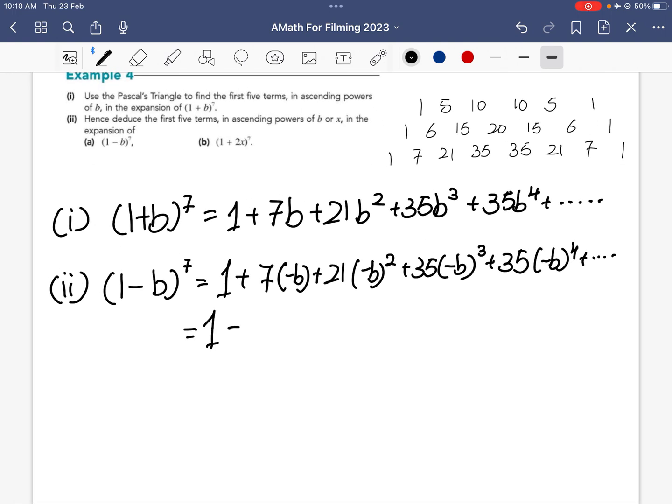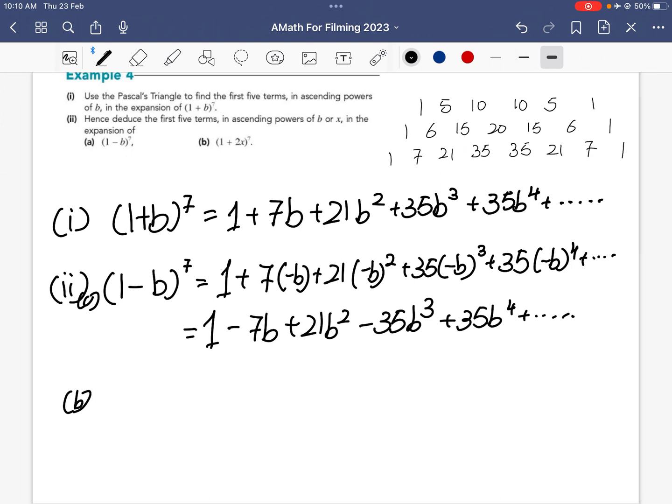If I simplify everything, I get 1 minus 7b plus 21b squared plus 35b to the power of 4. Okay, that is for 2a.